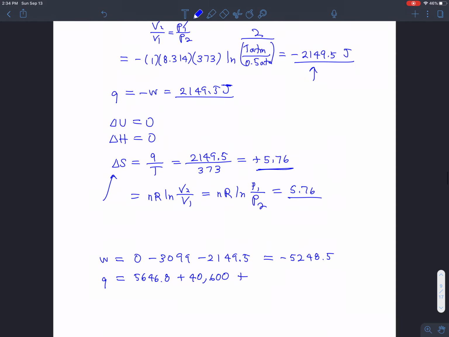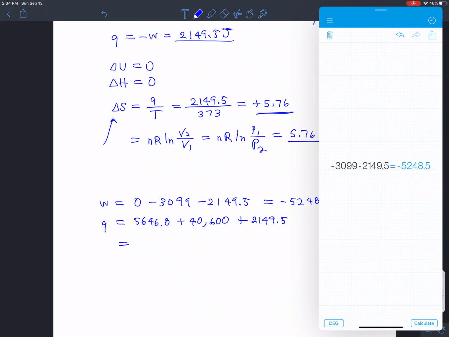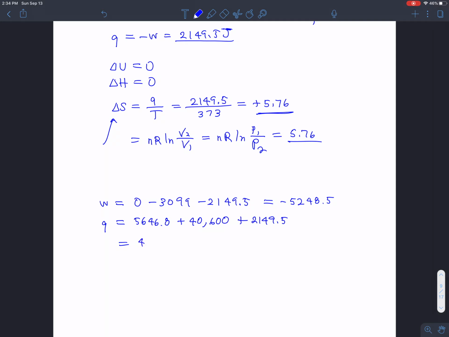And for step 3, it's 2149.5, and that is going to be 5646.8 plus 4600 plus 2149.5, and that is 48,396.3 joules. So 48.4 kilojoules.